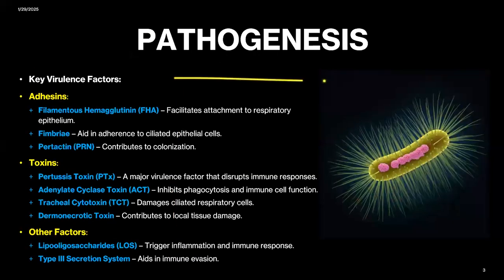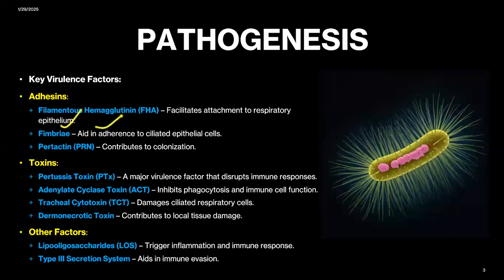Next, we will look at the pathogenesis. First are the adhesins that help in the attachment of Bordetella to the respiratory tract. First is filamentous hemagglutinin, FHA, which facilitates attachment to the respiratory tract.